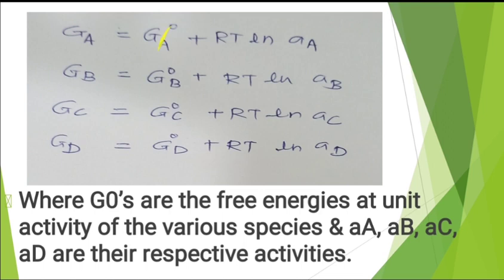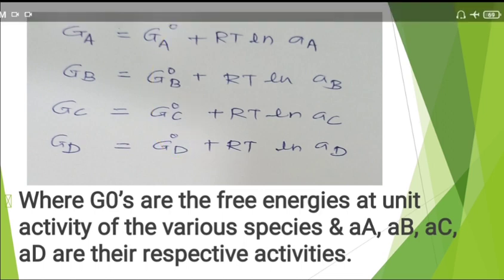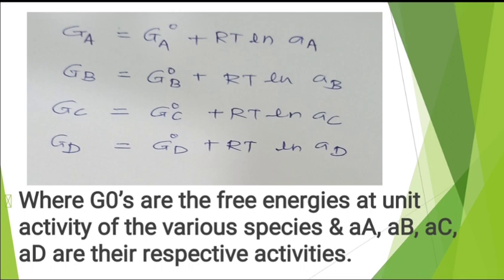Here in these equations, G standard are the free energies at unit activity of the various species, and a_A, a_B, a_C and a_D are the respective activities of the species A, B, C and D.